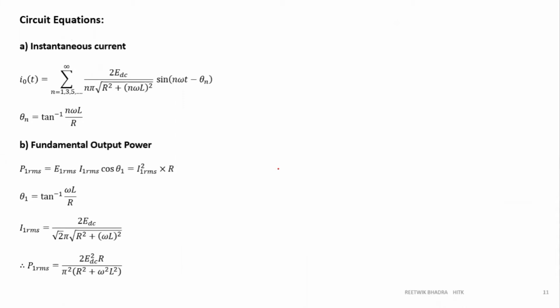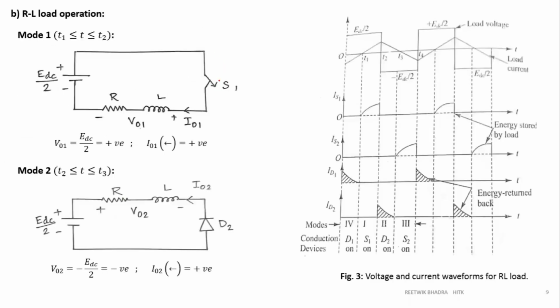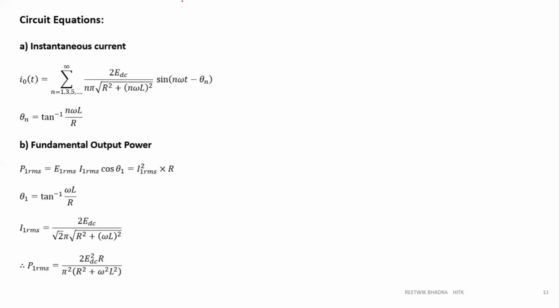Now the circuit equation, because generally we ask you to find the current over here. If you write the current, it will be 2 EDC by N pi, because we had already calculated this over here. 2 EDC by N pi is your voltage, right? Since it is a half bridge converter, the voltage will be the same. 2 EDC by N pi over here, divided by the impedance, root over R square plus N omega L square.